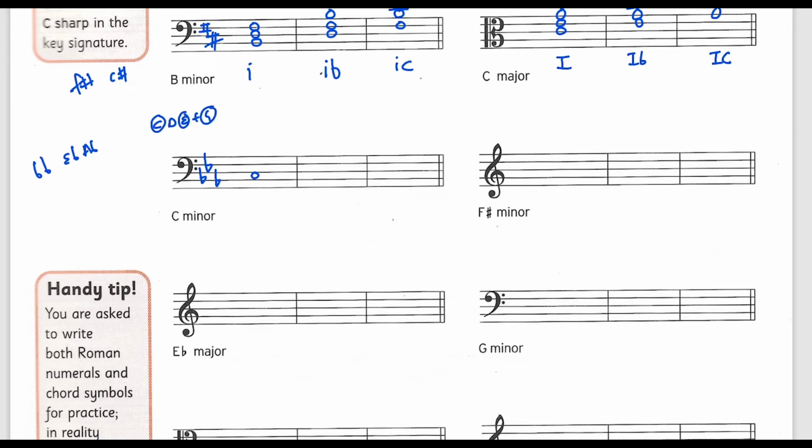So C, E, G. Next, we're going to take from E. So take E, G, A, B, and we're going to take C. Okay, the last one you're going to start from G. So this will be your G. Then we're going to have our C, D, and then E.